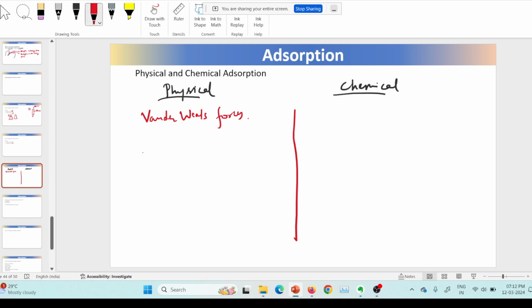Physical adsorption is due to van der Waals forces, and these van der Waals forces are actually weak forces. Chemical adsorption is due to attraction between adsorbent and adsorbate due to chemical forces.